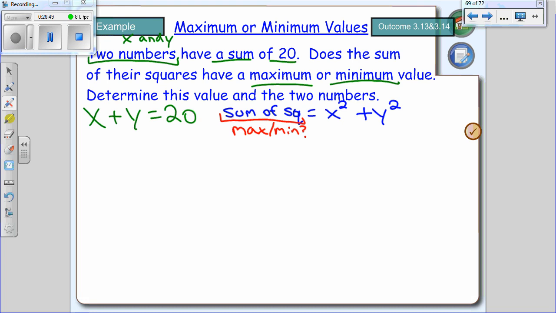How could I change it so that I only have one variable instead of two? You have to isolate using this one. So for instance, I could change that to y equals 20 minus x. That means I can substitute that y value into the other one.